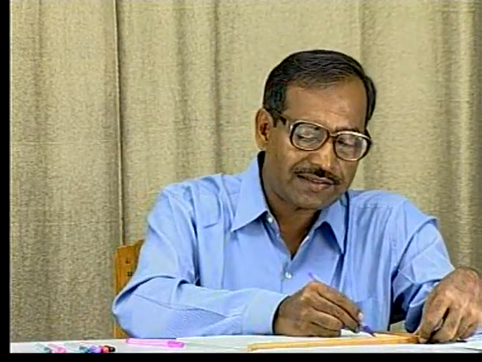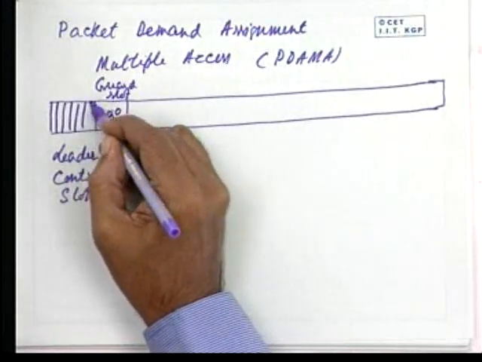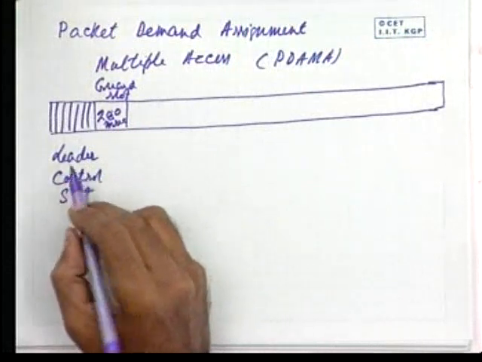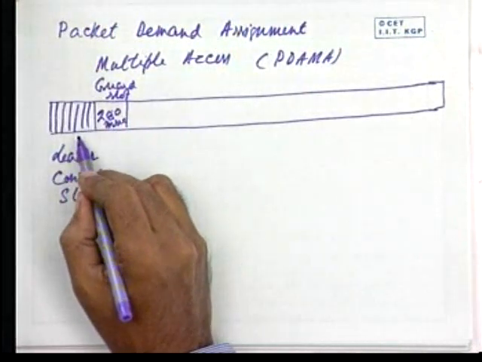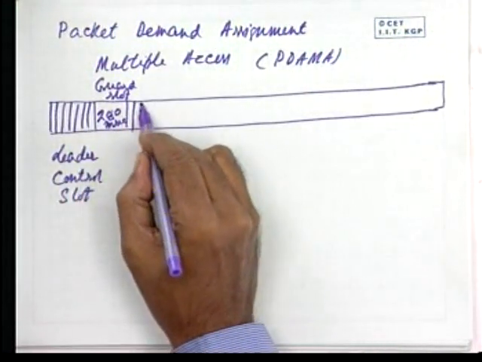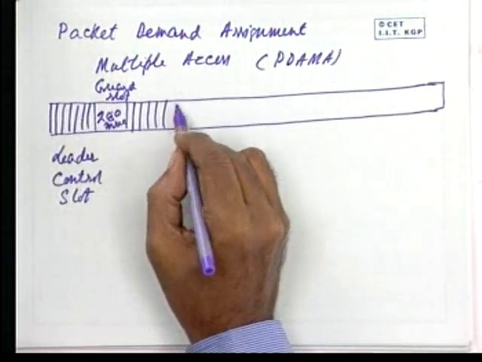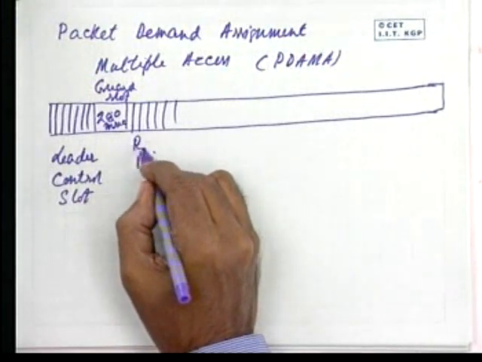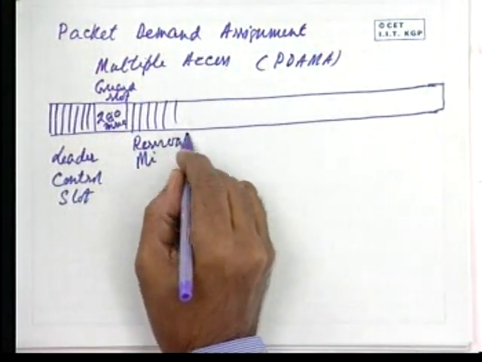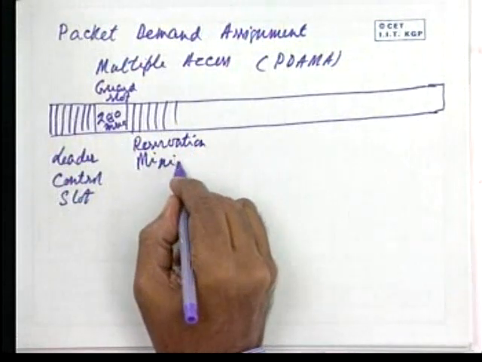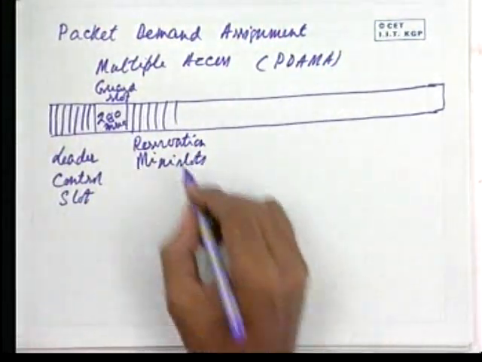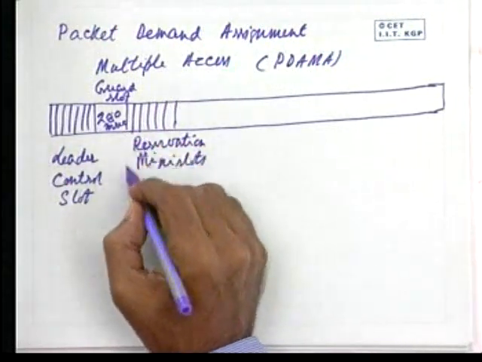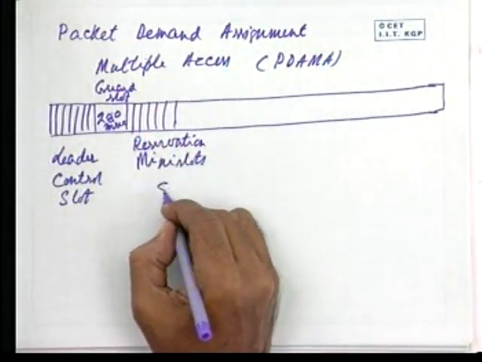On the other hand, this leader control slot is used by the ground station, the master controller, to send reservation information through it. And the reservation can be done in the third slot of the frame, which are reservation mini slots. And in these reservation mini slots, the requests can be made by different stations by using, again, S-Aloha.